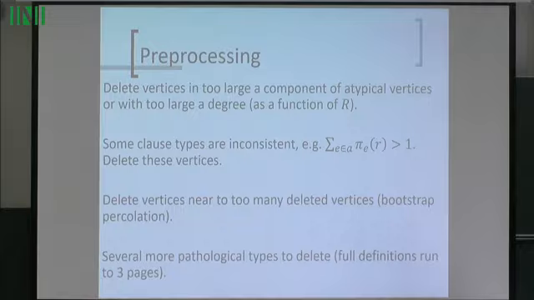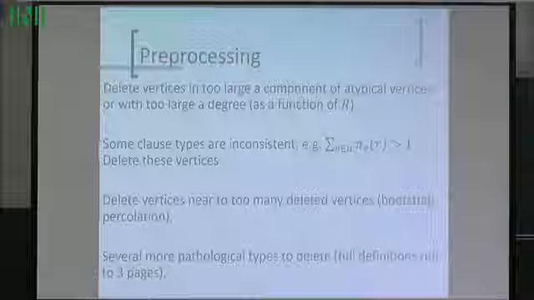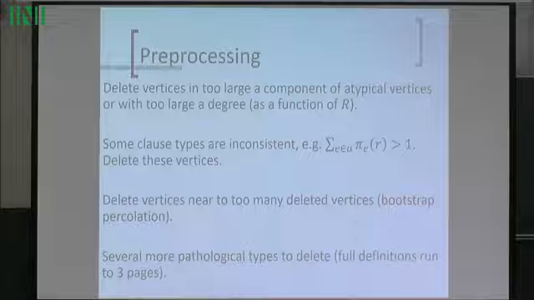But the point is that what counts as bad enough that we should delete it changes as a function of the radii that we're looking at around balls. And it has to be that the total number of vertices that we get rid of gets smaller and smaller as we look at bigger and bigger radii.